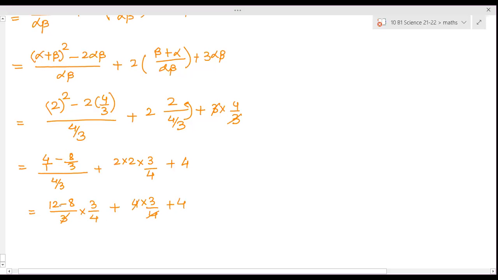So this 3 gets cancelled. 12 minus 8 is 4/4. This 4/1 into 1/4 is 4/4, plus 3 plus 4. 4/4 is 1. 1 plus 3 plus 4 is 8. Is it clear? Yes, ma'am.